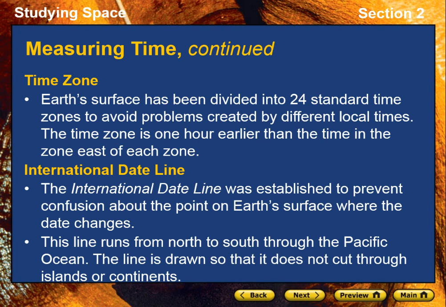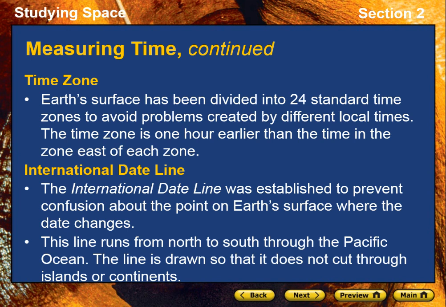International Dateline. There are 24 standard time zones and 24 hours in a day. But there must be some point on Earth's surface where the date changes. The International Dateline was established to prevent confusion. The international dateline is a line that runs from north to south through the Pacific Ocean.